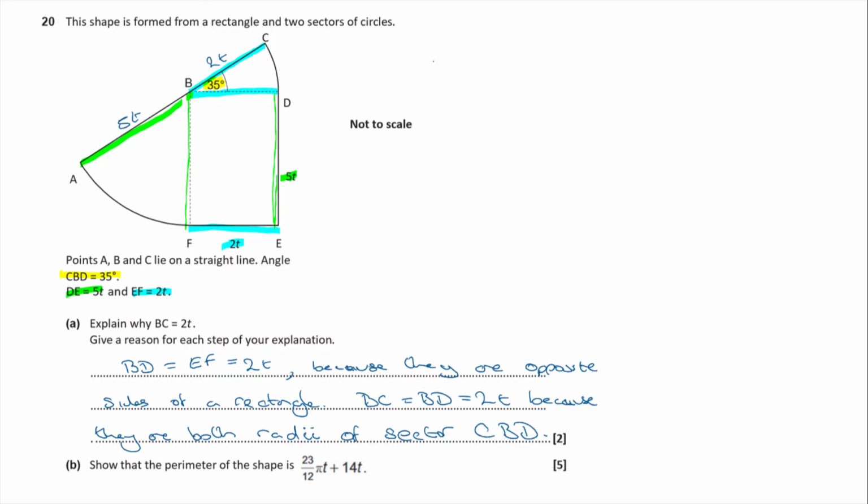So let's find arc CD first. So that is arc CD. This part here, look, that's the arc of this sector, which has got a radius of 2t and an angle at the center of 35. So it's going to be the angle at the center, 35, over 360 times.